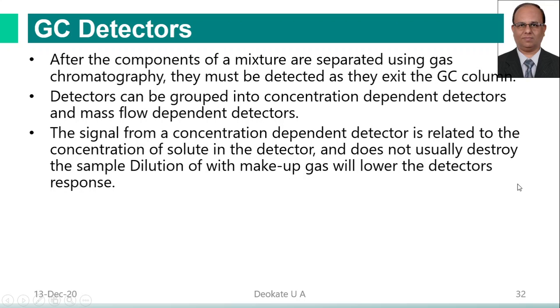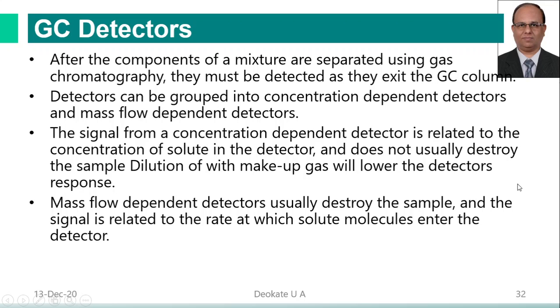The signal from the concentration dependent detector is related to the concentration of solute in the detector and does not usually destroy the sample. Dilution with weak makeup gas will lower the detector's response. So they are called bulk sensing detectors. Whatever bulk enters the column gets detected by this type of detector. Thermal conductivity detector is an example of such detectors.